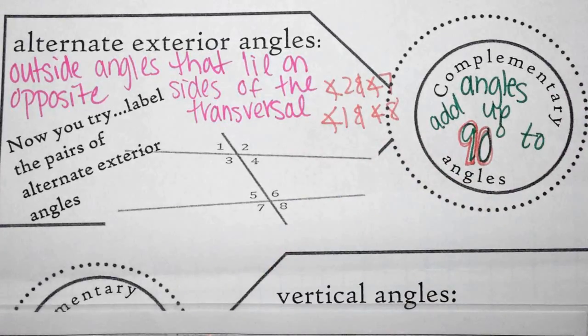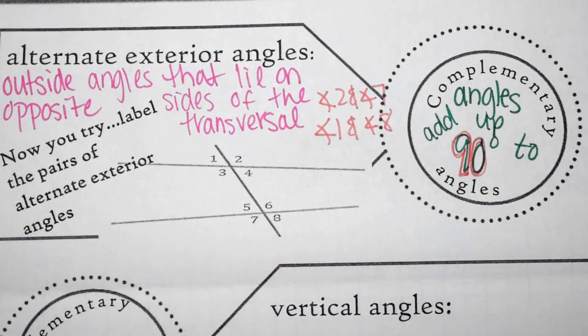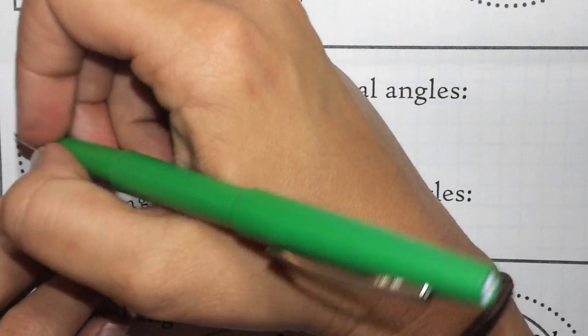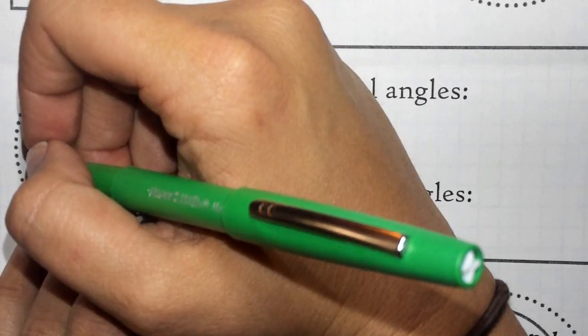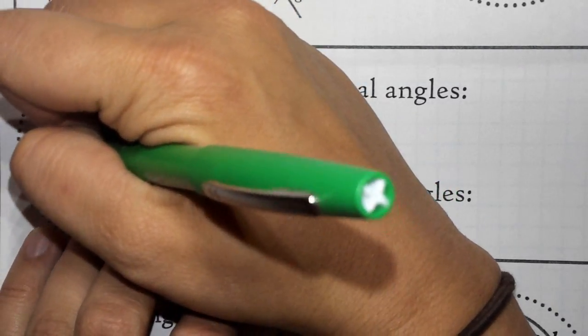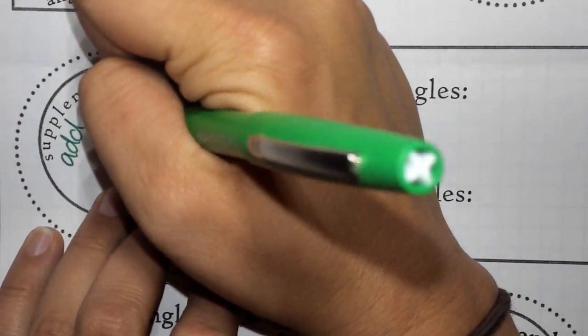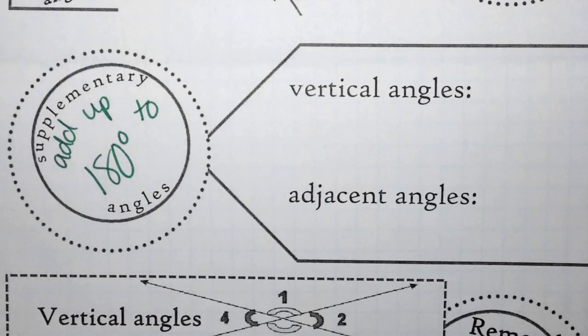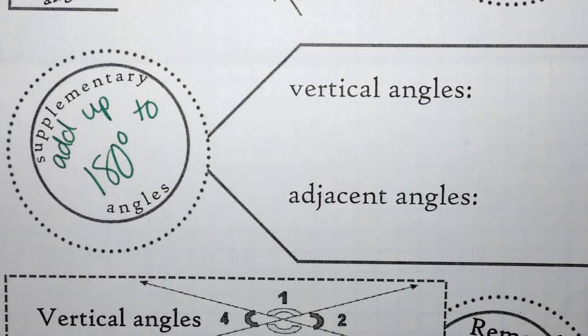What about supplementary angles? They add up to 180. What are vertical angles? They're across from each other when two lines what? Intersect. Yes, good. Take a point.